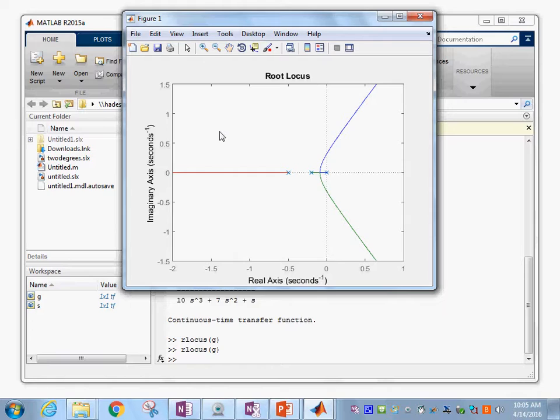Now, how in the world is this important for design? The thing is, with a certain value of k, you already know that your system is stable or unstable, but not only that, you know by clicking in here what the damping is, what the overshoot is.